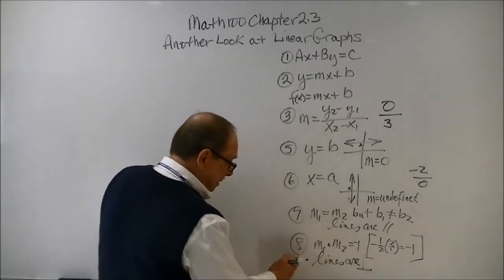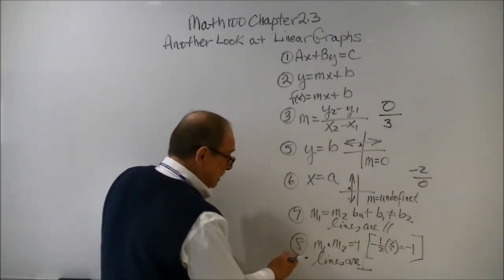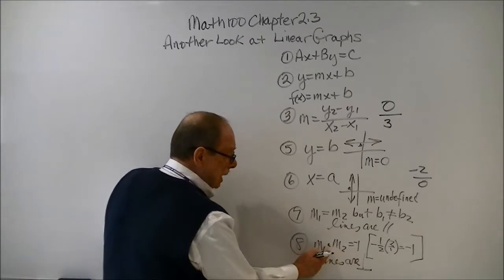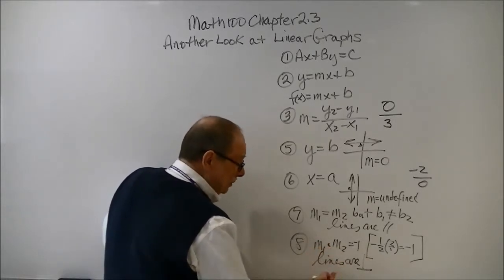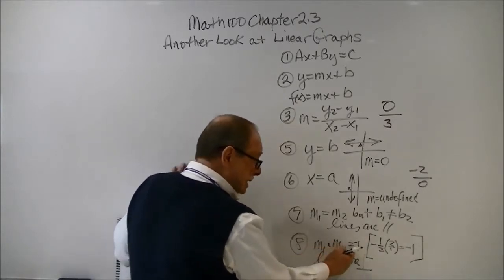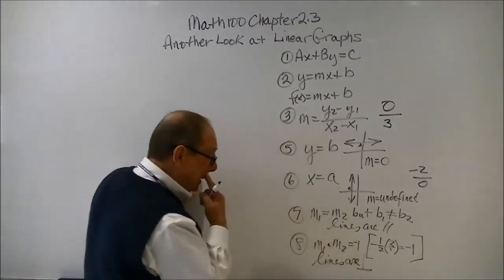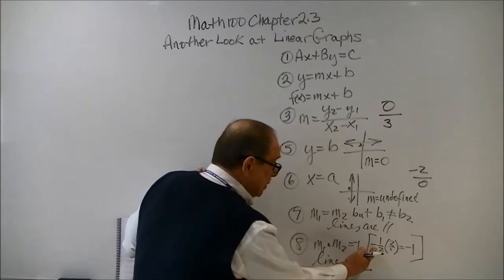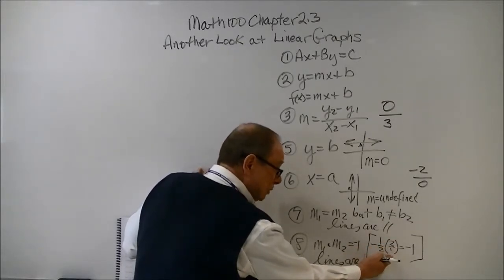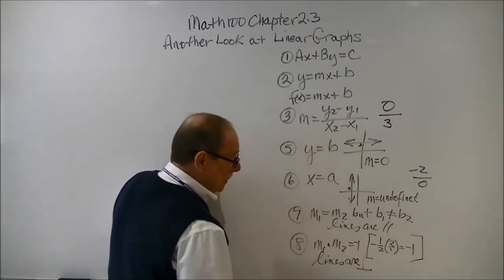Now in hint 8, we're saying if you take the slope of one equation and multiply it by the slope of the other equation, and the product of these slopes is -1, such as if the slope of one equation was -1/2 and the other was 2 over 1, or 2, everything cancels out and this is -1.